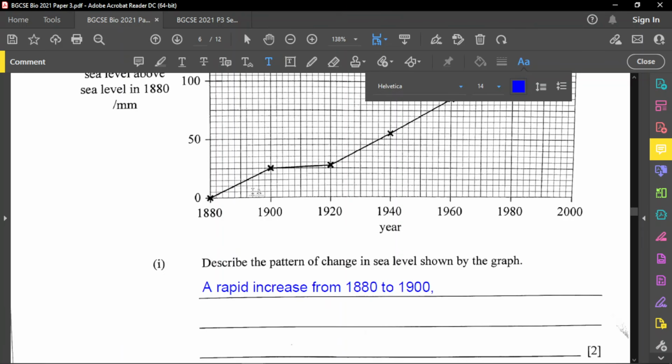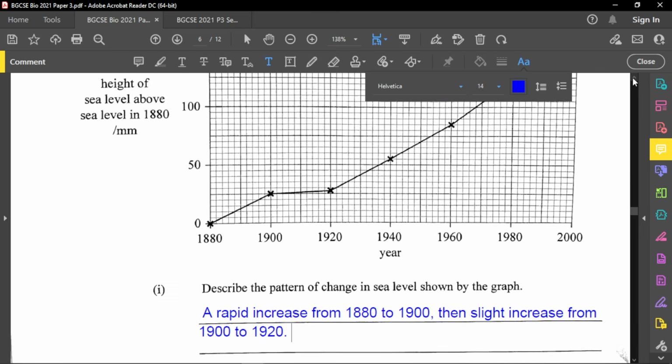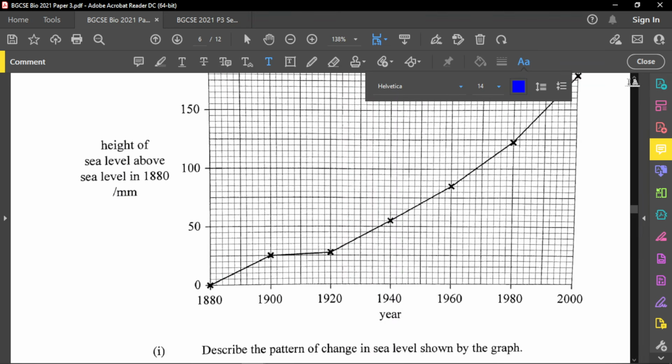Then notice between 1900 and 1920, this change was not rapid at all. So let's say a slight increase from 1900 to 1920. And then from 1920 all the way up, there is a rapid increase going across.